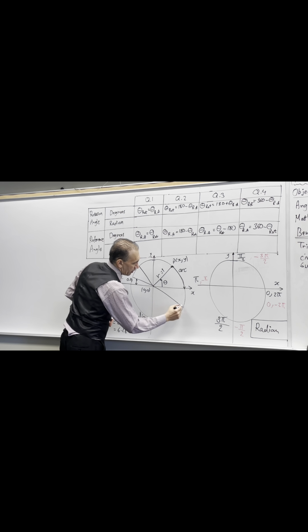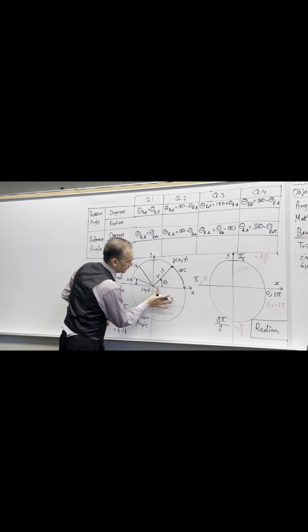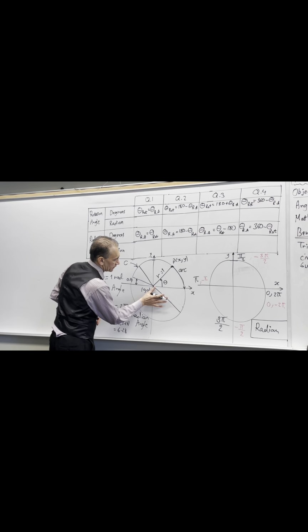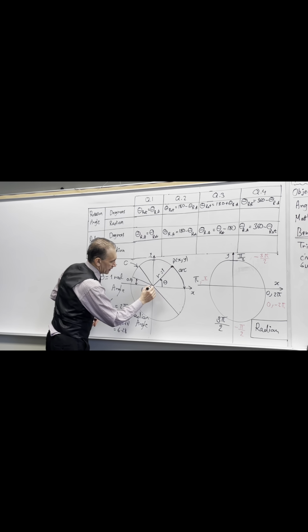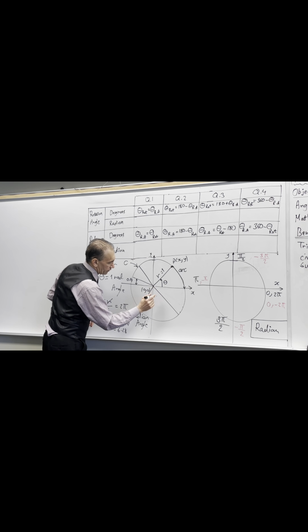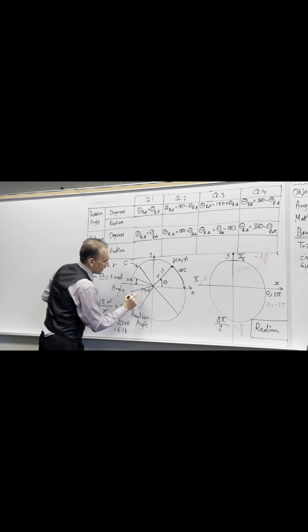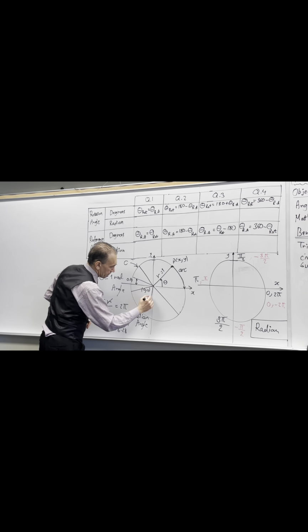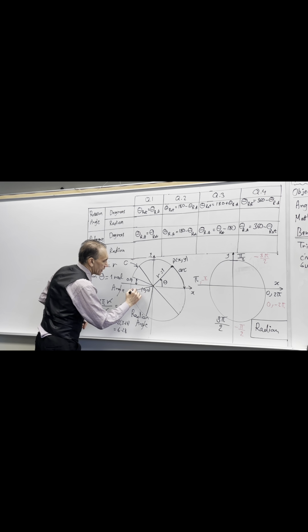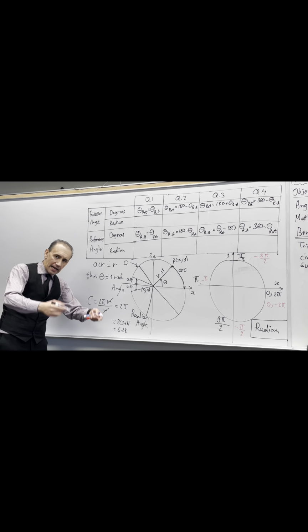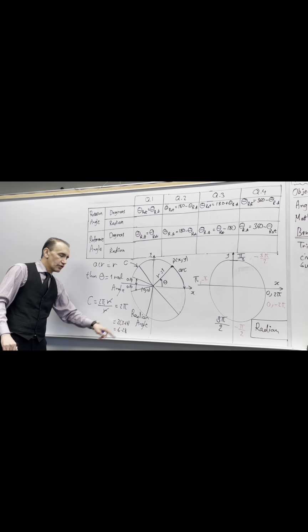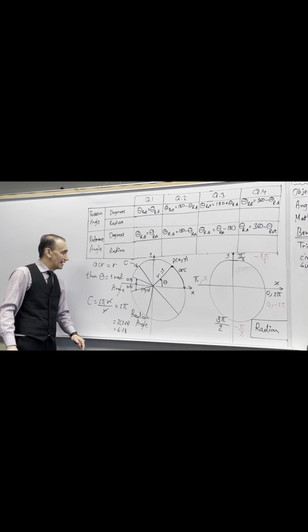Here's the first part, here's the second part, and this is the third one, and this is another 0.14 of the radian angle. So in each circle, we have 2 pi radian angles, which means 2 times 3.14, 6.28 radian angles.